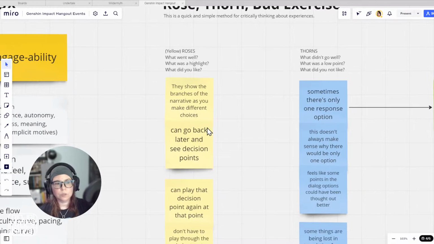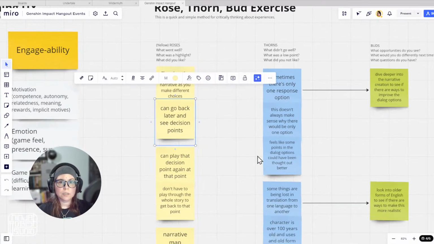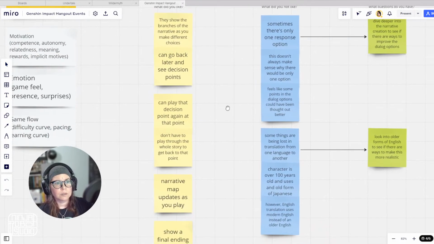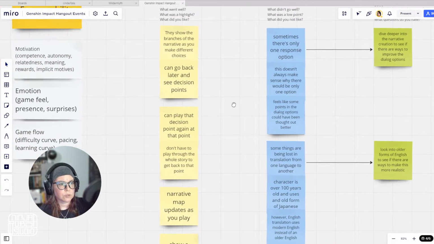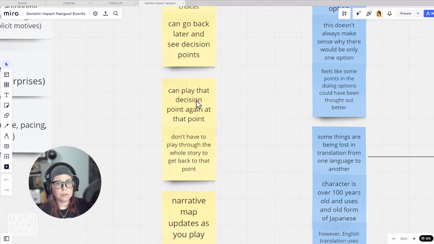I like that they do that, and you can go back later, see your decision points, and play from that decision point to change your decision, which we'll do next time, to see how that works. You can see the endings and everything, and you can play that decision point again.